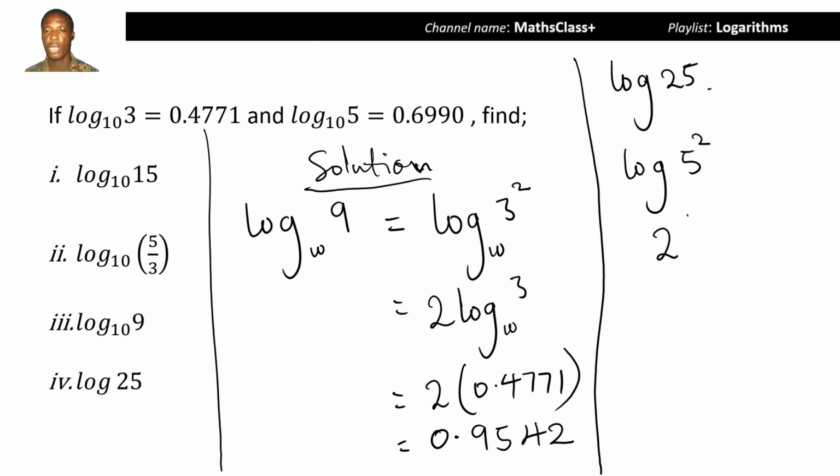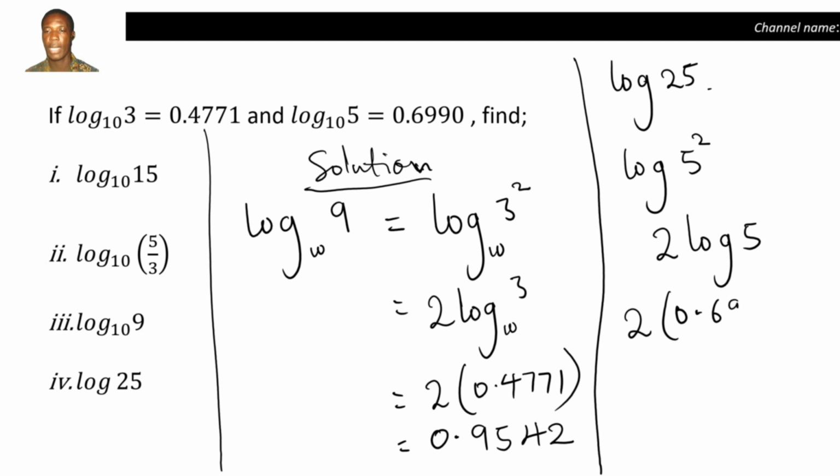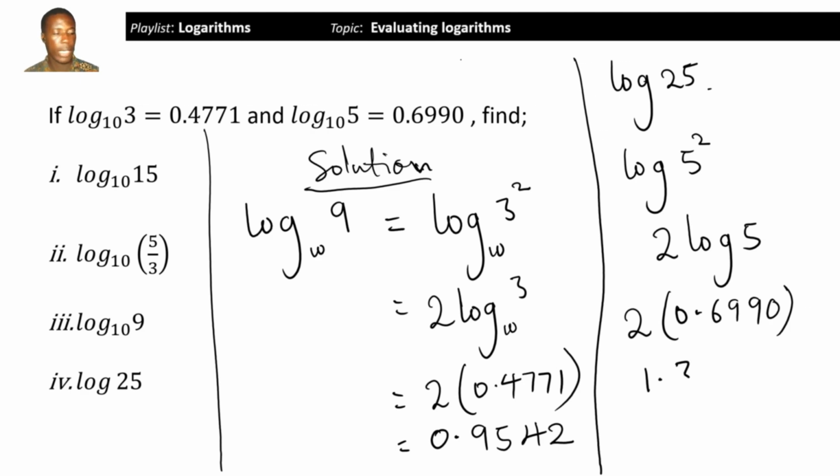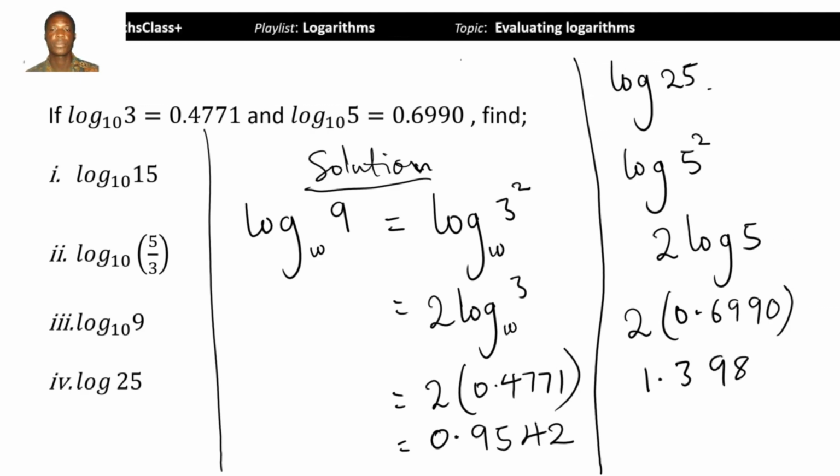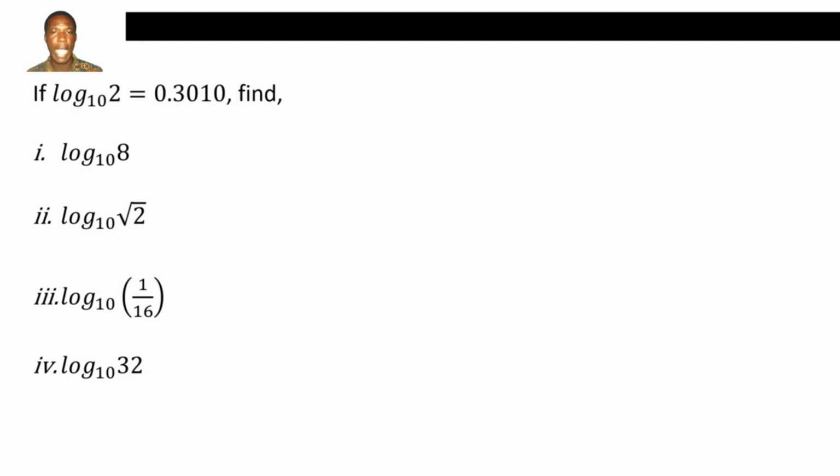So 2 log 5. And that means we are multiplying 2 by 0.6990. And this gives us 1.398.